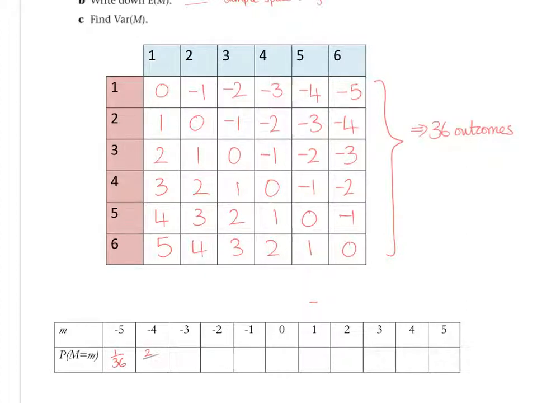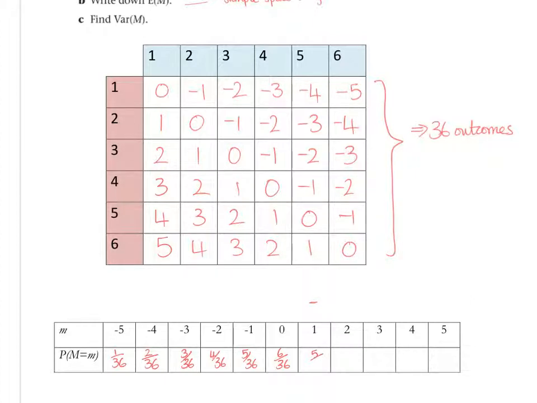-4 happens 2 times, 3 times, 4 times. -1 happens 5 times, and I'm leaving it all in 36 just in case. I just want to actually add these all up, and I should get a probability adding up to 1 of the total event.